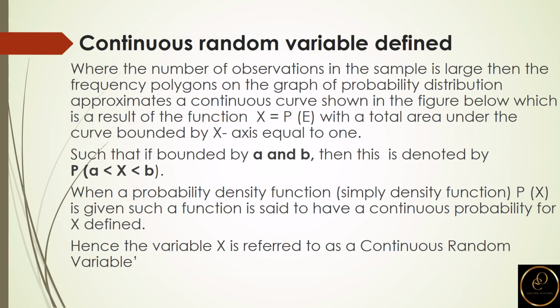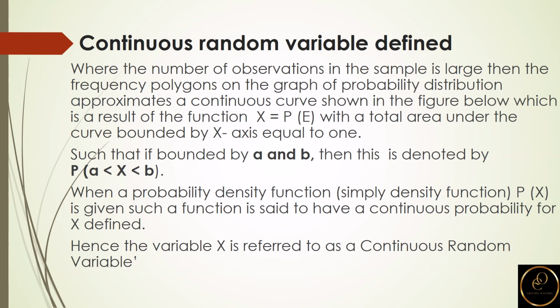This is a result of the function of x being the probability of event E, with the total area under the curve bounded by the x-axis equal to 1, reflecting that in all cases the sum of probability will always equal 1.